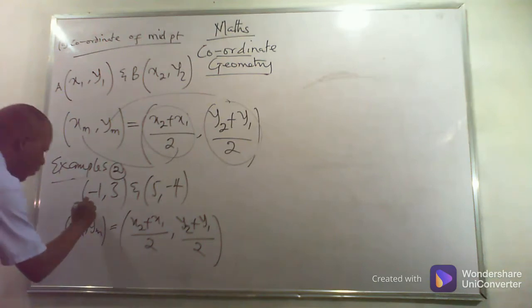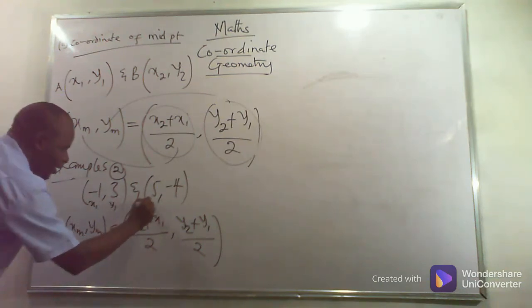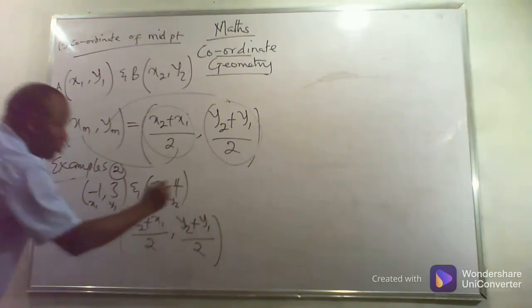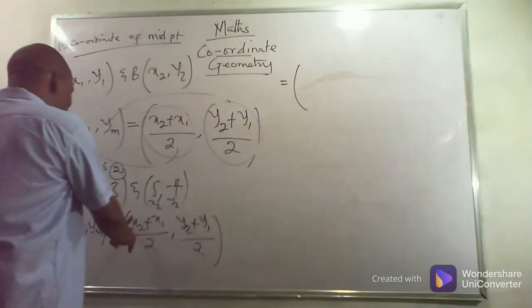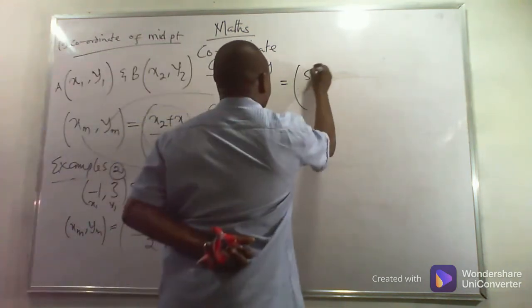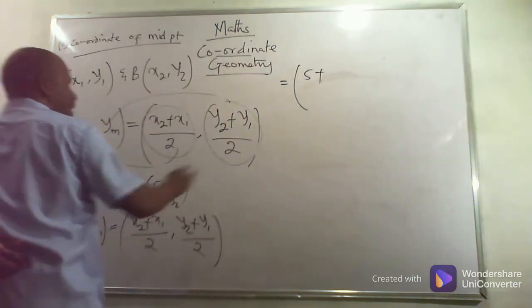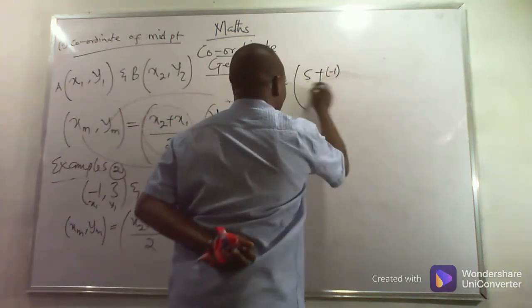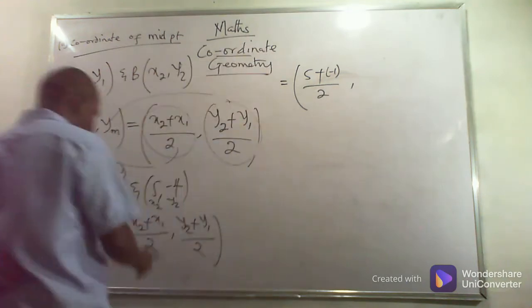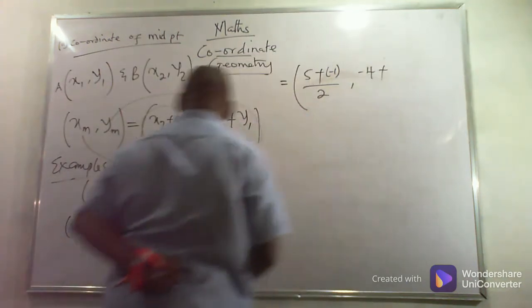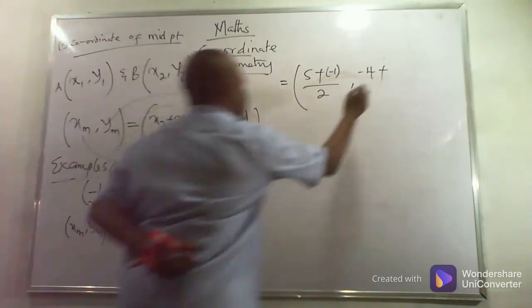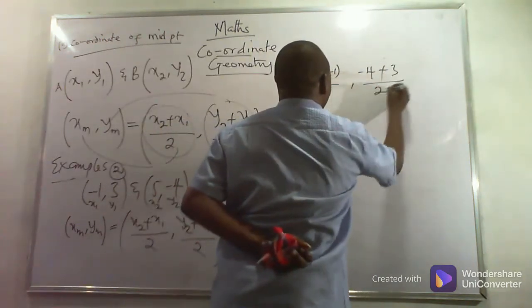So let's name the points x1, y1, x2, y2. So if we substitute, we have bracket x2, that's 5, plus x1, that's minus 1, everything divided by 2, comma, y2, minus 4, plus y1, that's 3, everything over 2.